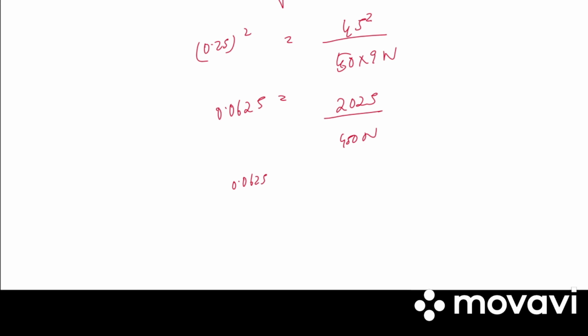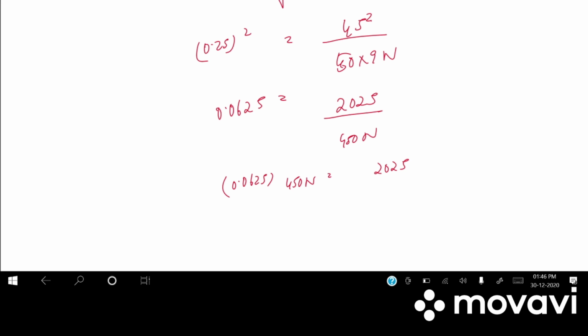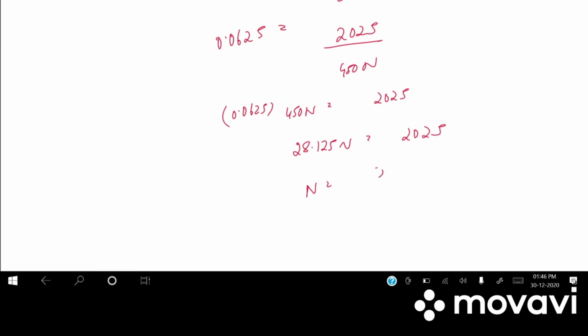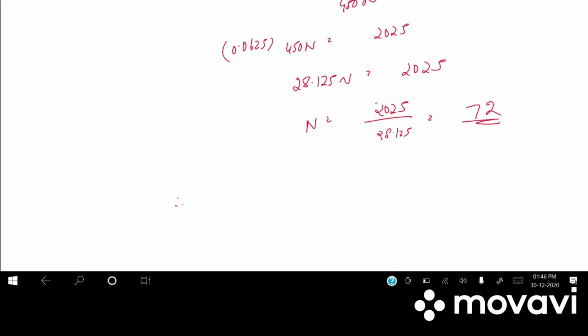So 0.0625 into 450n is equal to 2025. 28.125n is equal to 2025. So n is equal to 2025 divided by 28.125, that is 72. Therefore, number of items is 72.